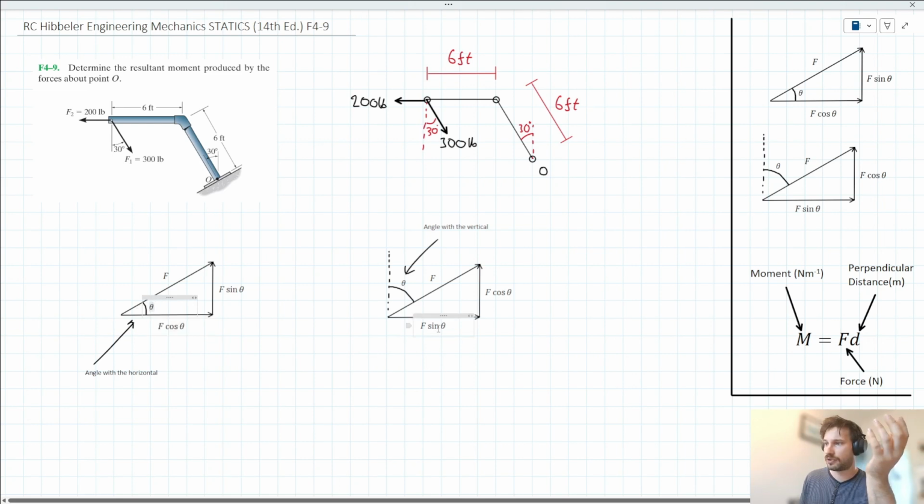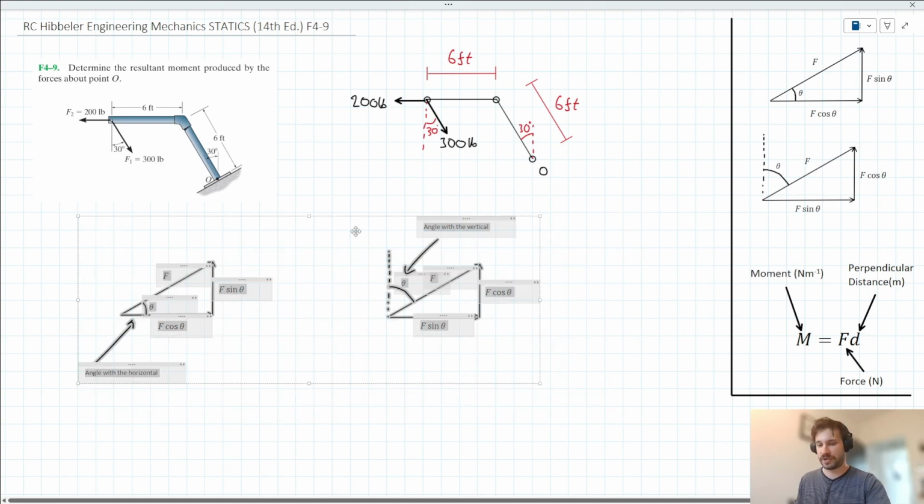But now the horizontal is given by F sine theta, and conversely, the vertical is given by F cos theta. A shorthand way to understand this is that the cosines and sines flip when we're dealing with an angle with the vertical as opposed to the horizontal. I just wanted to get that out of the way before we crack into this problem.